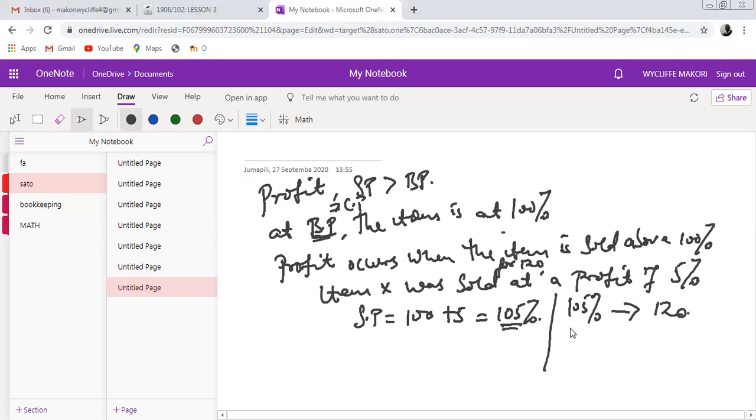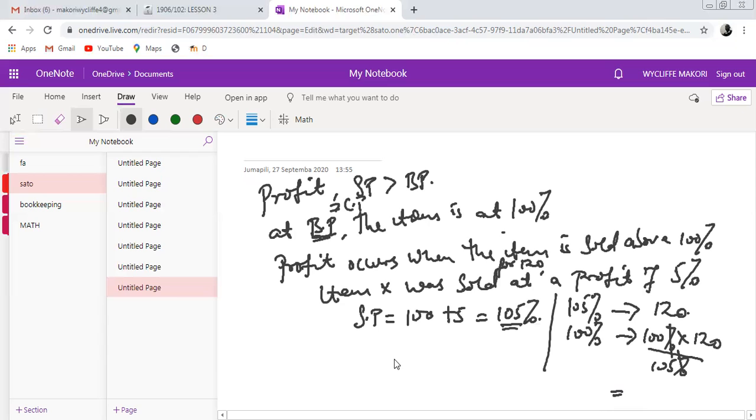What about the cost price, which is normally represented by 100%? It's going to be 100% times 120 shillings over 105%. The percent signs cancel out, so you compute 100 times 120 divided by 105.